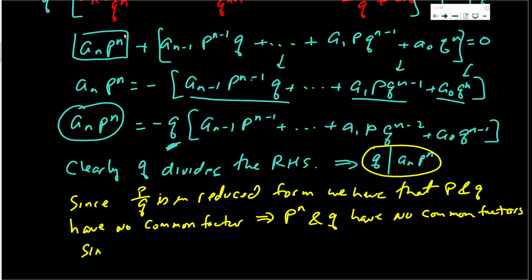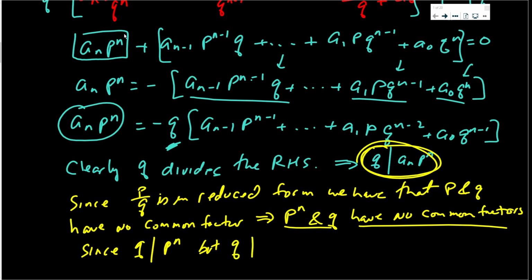Now, since p to the n and q have no common factors, that means that q does not divide p to the n. But, from right here, q must divide a_n p to the n.